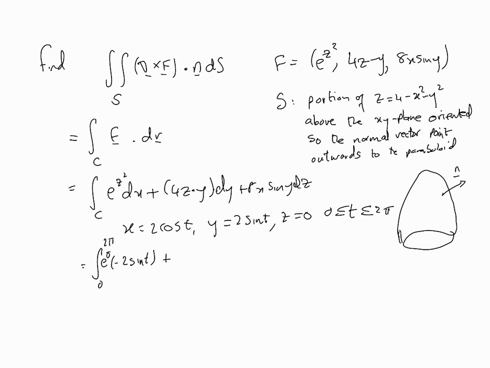Okay, and then we'll have plus 4z minus y, parametrized: 4 times 0, z is 0, so nothing from there, just minus y, which will be minus 2 sine t.